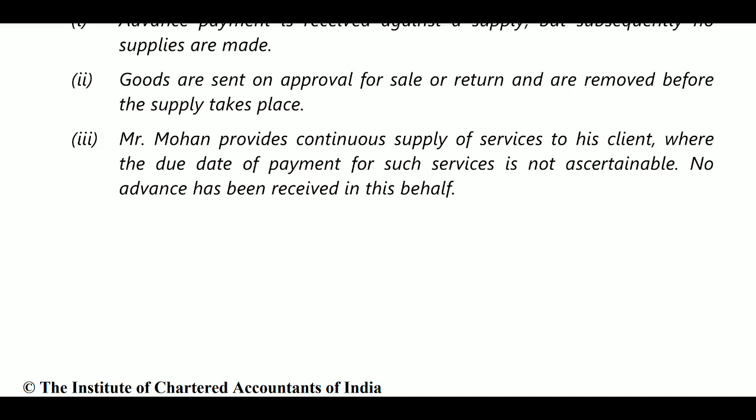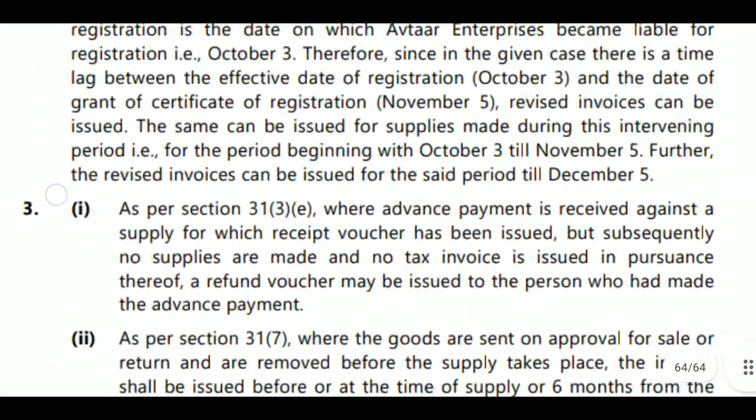When the payment is received, that date will be the due date. Where the due date of payment is not ascertainable from the contract, the invoice shall be issued before or at the time when the supplier of service receives the payment. That is the third case.